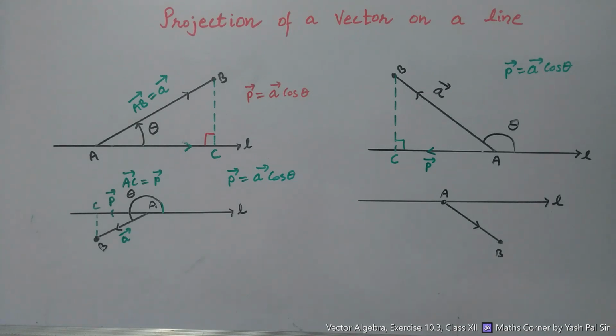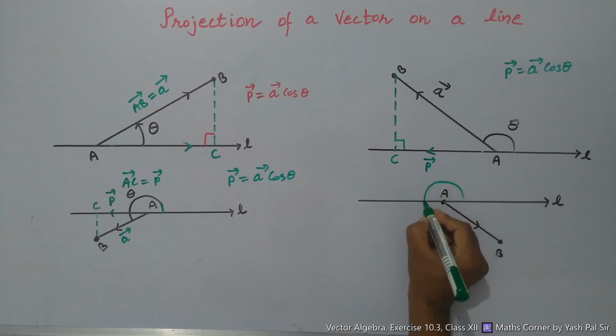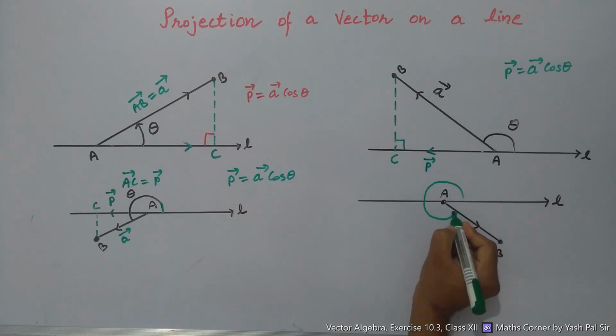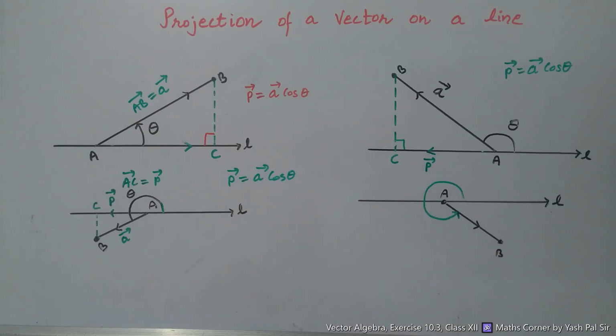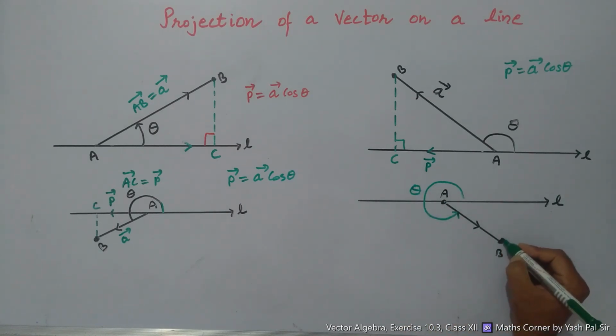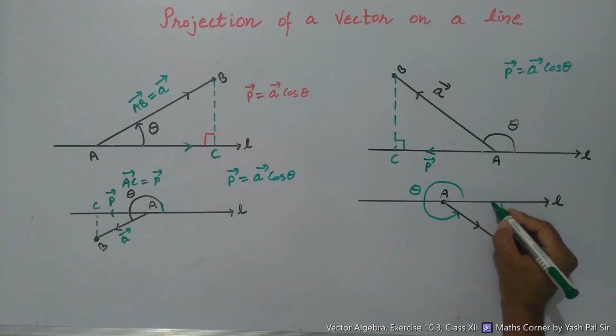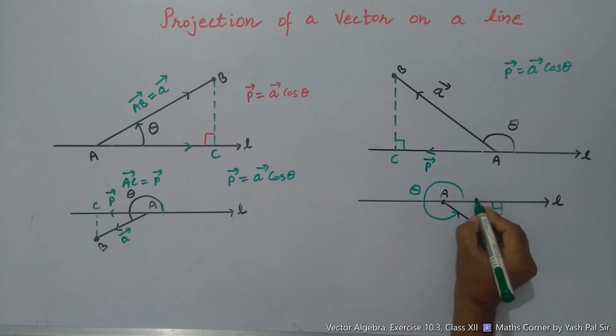In this case also, we have angle theta greater than 270 degree. This is angle theta. From this point B we draw the perpendicular on the given line. This is a right angle triangle now.